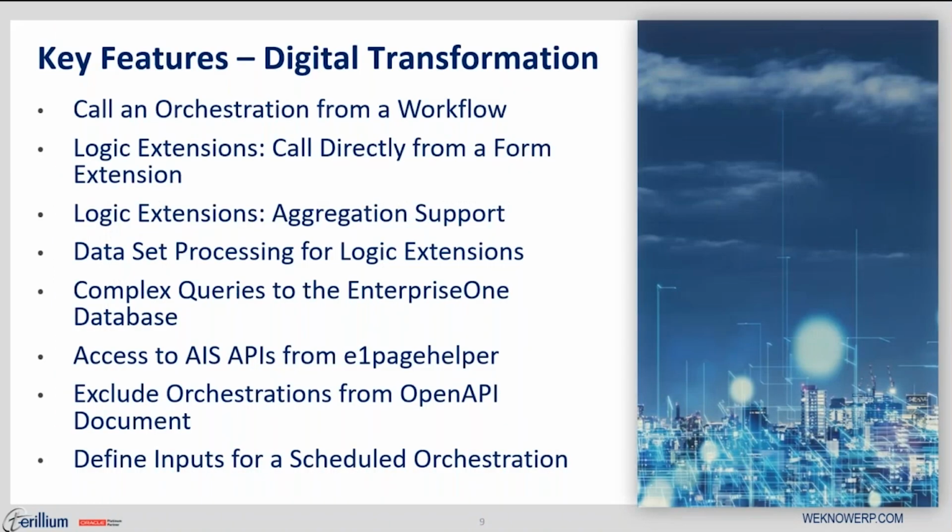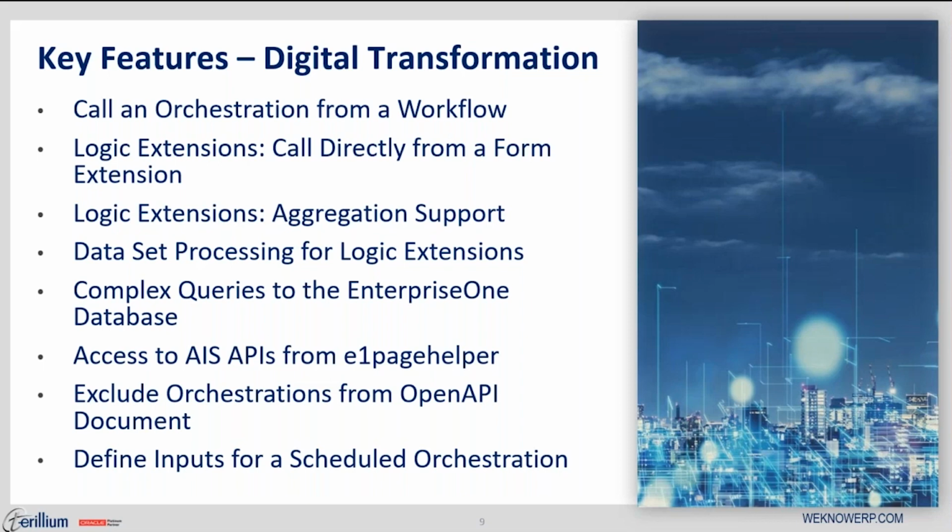And these are some of the key features that did come out in Release 23. We're going to be talking about some of these today, and we're also going to be talking about other features that came out in the Release 22 time frame. These include calling orchestration from workflow, logic extensions on form extensions, the ability to do some Open API RESTful call type activities, so excluding your orchestrations from the Open API document.